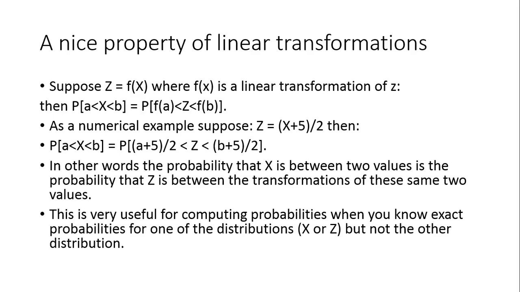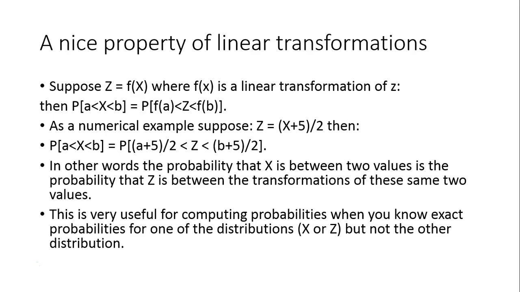Okay? This is very powerful. And it's very useful for computing probabilities when you know the exact probabilities of one distribution, but not the other. So either you know probabilities of z or x, but you don't know the probability of the transformed one. So what do you do? You first do a transformation to get it to the one you know.